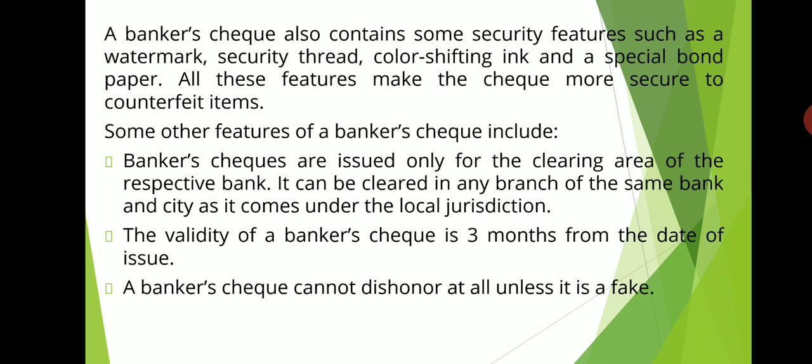Some other features of a banker's check include: banker's checks are issued only for the clearing area of the respective bank. It can be cleared in any branch of the same bank and city as it comes under the local jurisdiction. The validity of a banker's check is 3 months from the date of issue.